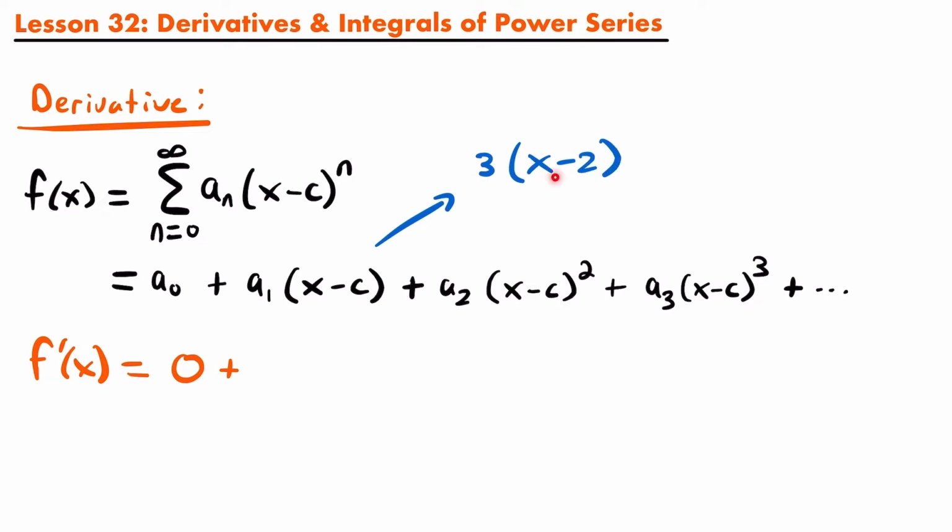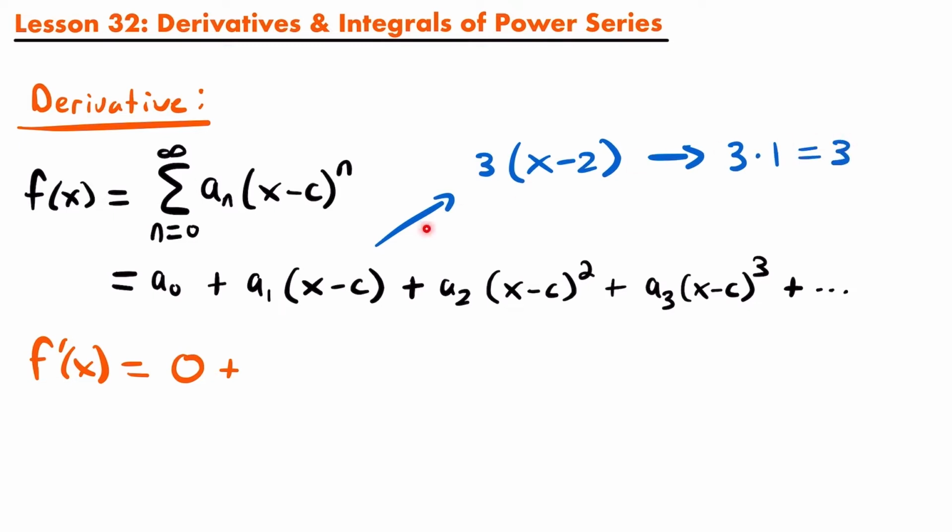The constant multiple is going to remain the same, so the derivative would be 3 times the derivative of (x minus 2). The derivative of x is just 1, and the derivative of negative 2 is 0. So we would be multiplying 3 times 1, which is equal to 3.